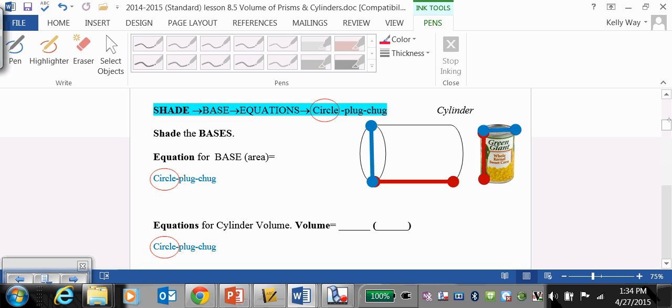Okay, get the can out of the green. What we're about to do is not difficult, but it is in several steps.